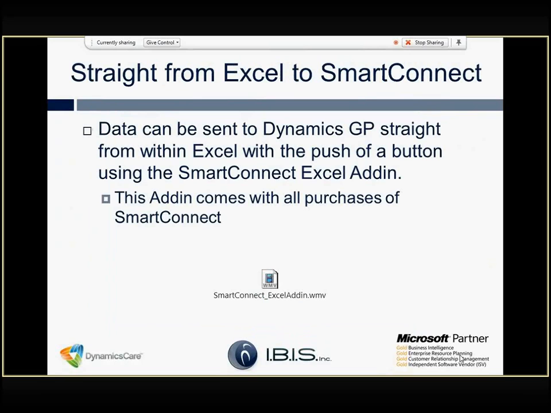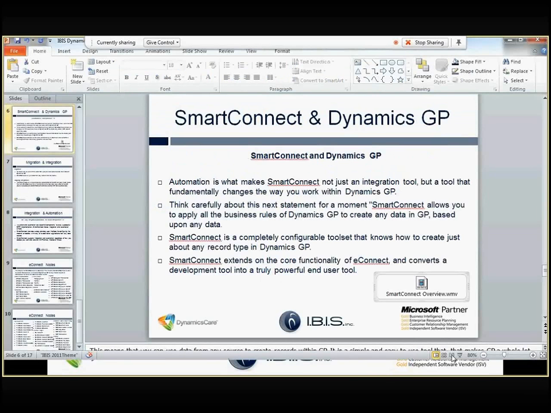So straight from Excel to SmartConnect, data can be sent to Dynamics GP straight from within Excel with a push of a button using the SmartConnect Excel add-in. Now this add-in comes with the purchase of SmartConnect, so it is not an additional cost. And we are going to check out a video of that.